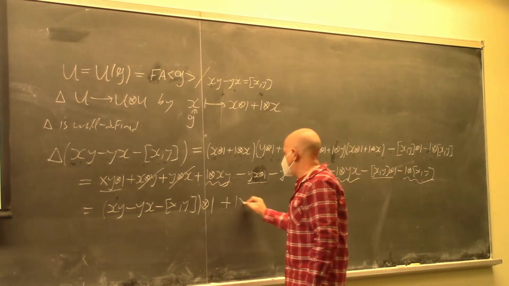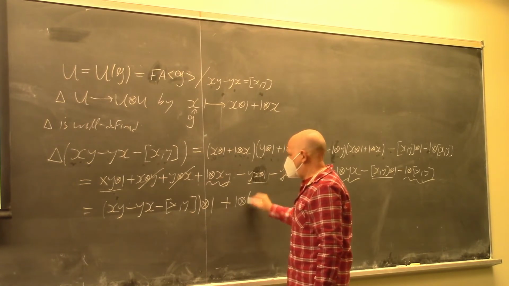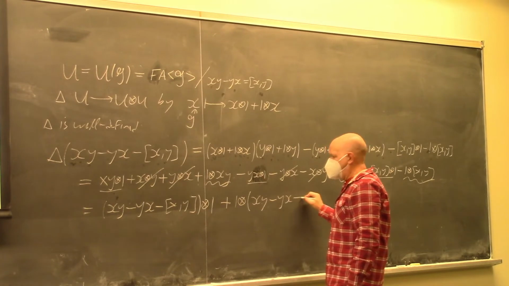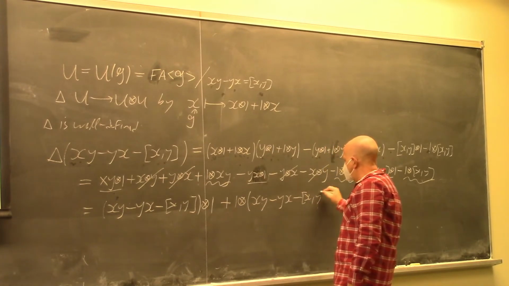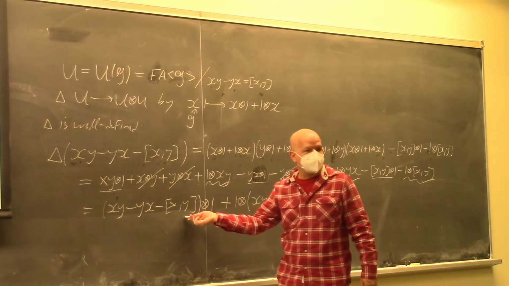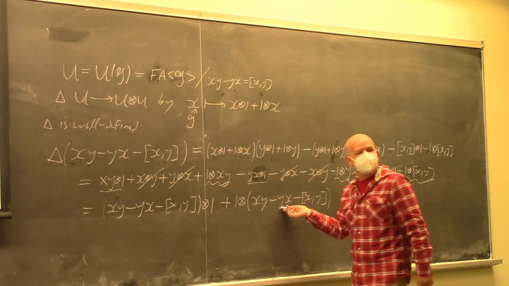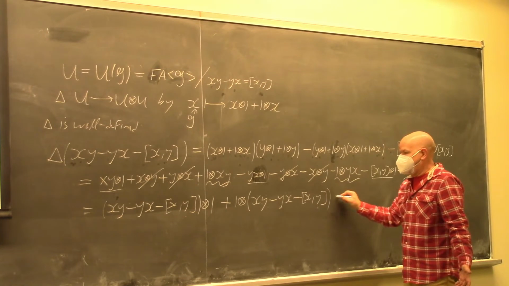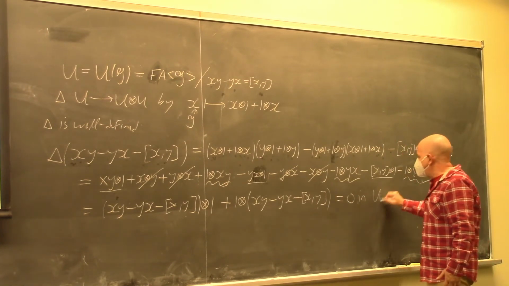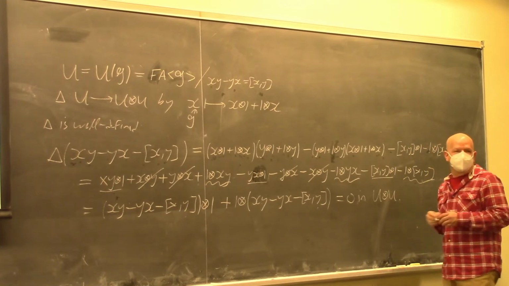So plus 1 tensor xy minus yx minus x bracket y. And this is a relation in U, and this is a relation in U. So this is actually equal to 0 in U tensor U, which is what I wanted to show.